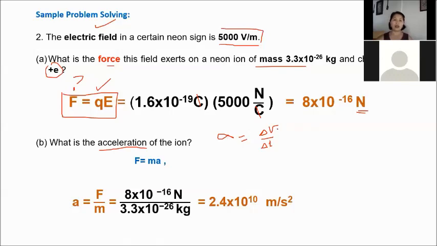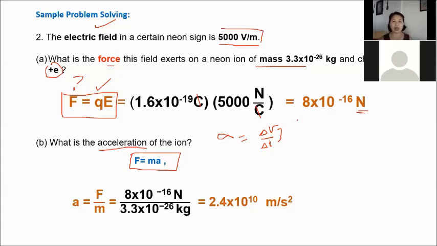Since we don't have v and t in the problem, think of what other formula can solve for acceleration. None other than Newton's second law of motion. F is equal to m times a, or acceleration is directly proportional to force and inversely proportional to mass.